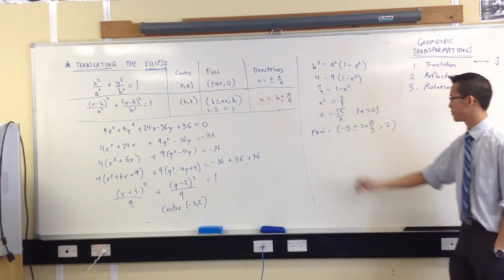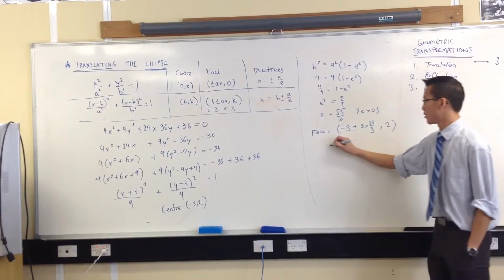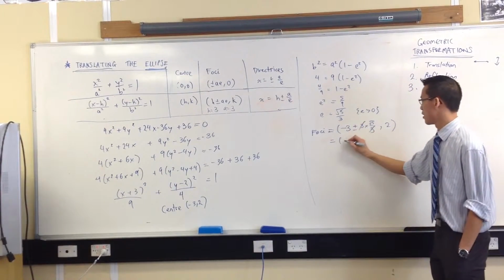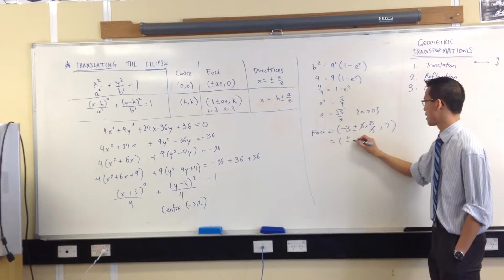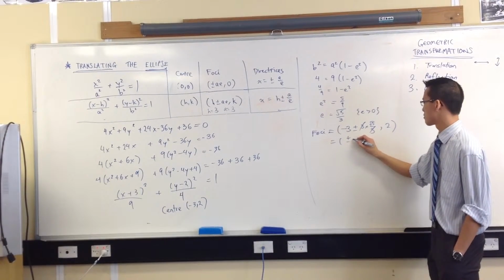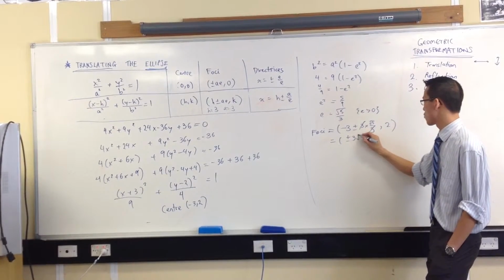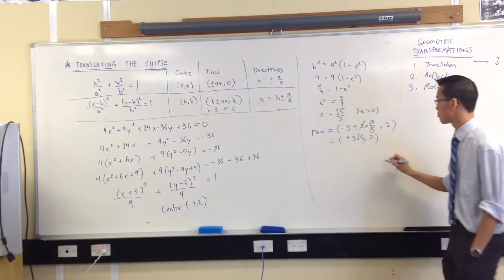That's equal to, let's see, cancel, cancel, plus or minus, it's going to be minus plus, it doesn't matter. Minus 3 plus or minus root 5, comma, 2.